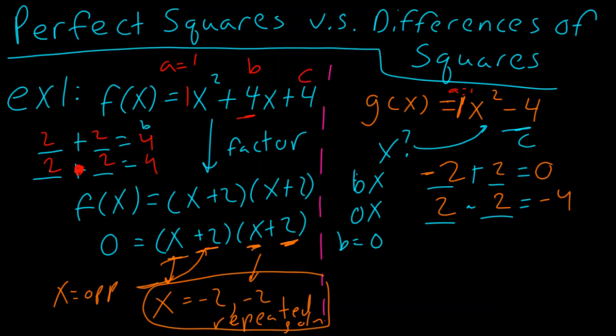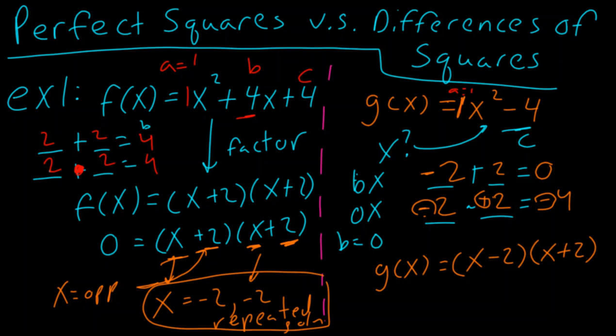Okay, and if we're making that one negative, that should make sense because a negative times a positive will give us that negative. Or, more accurately, we would say this. g of x can be factored into (x - 2)(x + 2).